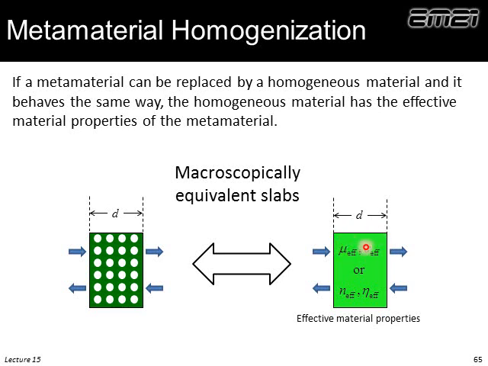And that could be either mu and epsilon or refractive index and impedance. That's the concept behind homogenization or parameter retrieval. We don't want to have to model our metamaterial or engineered material. That's quite complex. We would love to just replace it with its effective material properties and go from there. We can get away with much coarser grid resolution and much simpler simulations.